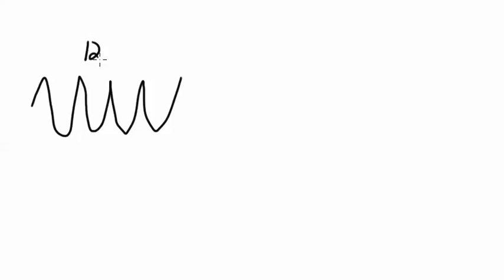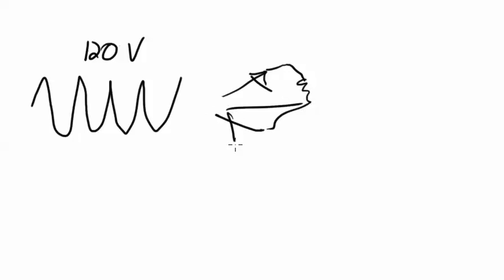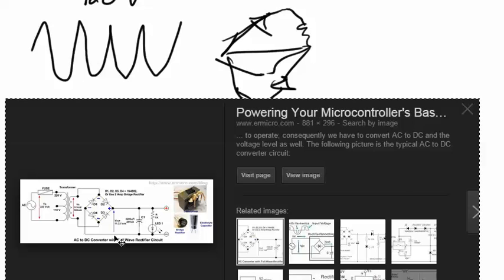Now that 120 volts AC is run through some kind of circuit, including, I don't know, diodes and resistors or something like that, and somehow becomes, and I'm drawing, vaguely remember something that looks kind of like that, but I think it may have been in a dream sometime. Or I may have Googled sometime an AC to DC power converter.